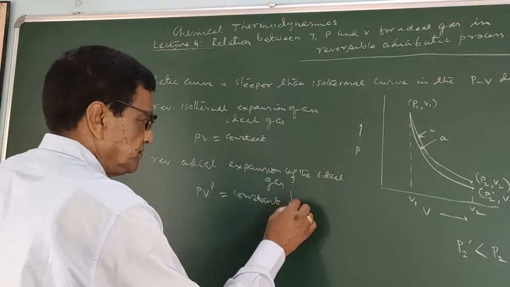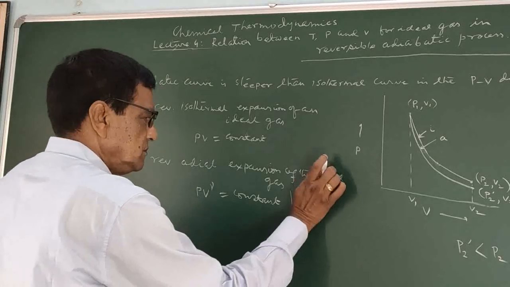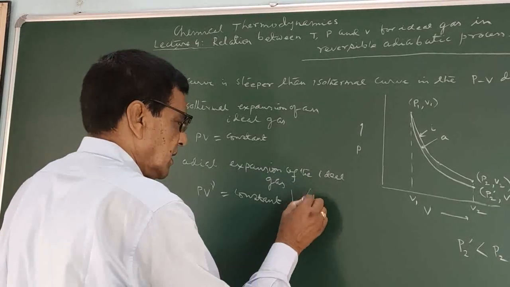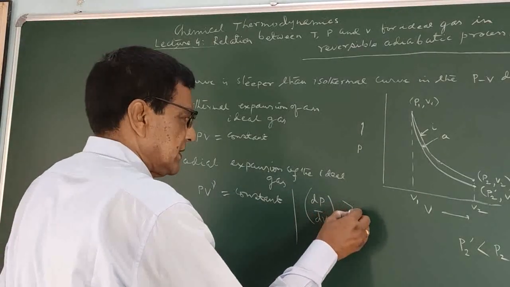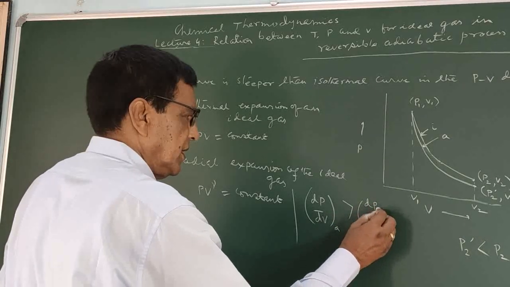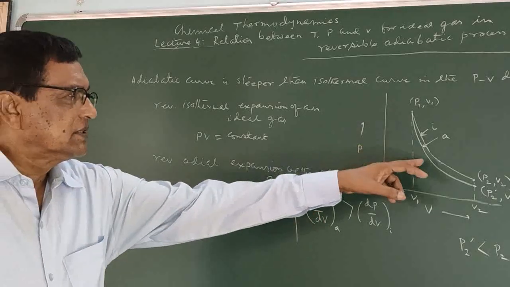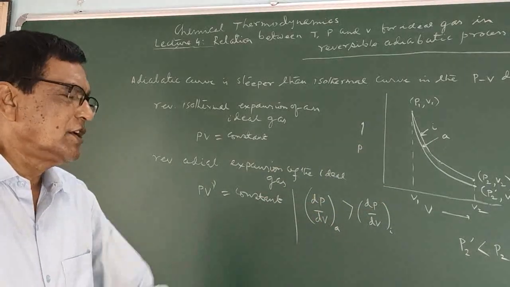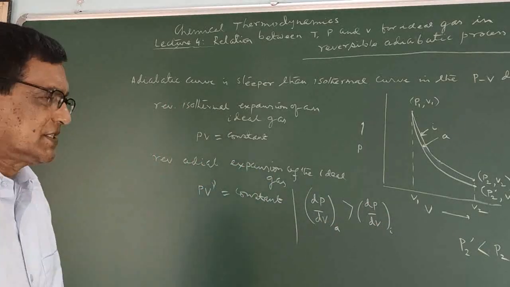So the slope dP by dV in the adiabatic process is greater than dP by dV for the isothermal process. Since the adiabatic curve is steeper, its slope will be greater than the isothermal. Then we shall have to calculate by the use of these two relations.